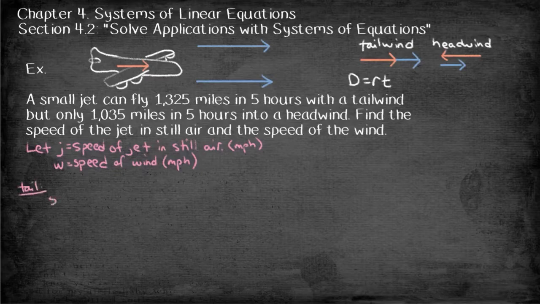So we have 5 hours times our rate, which is going to be J plus W, and that's equal to 1,325. Then we have the headwind, which is again 5 hours times J minus W now.